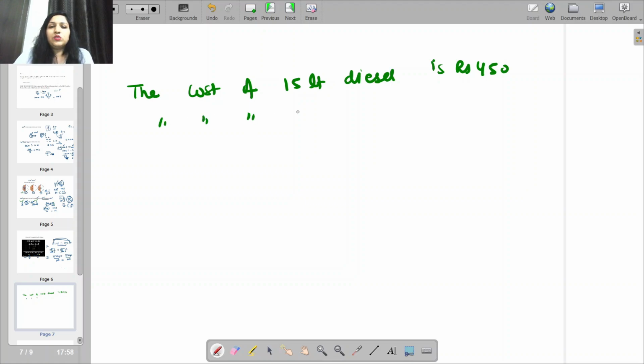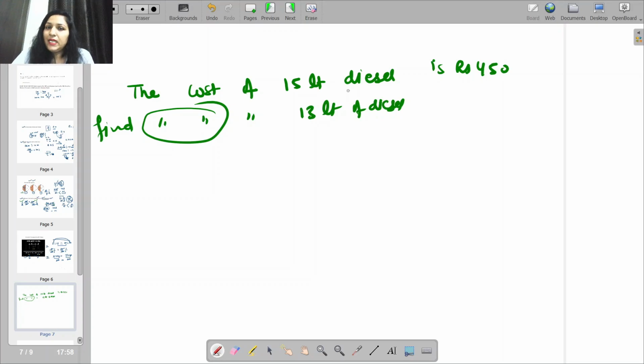Find the cost of 13 liters of diesel. I have asked you the cost. Find the cost of 13 liters of diesel, that is my question. So I expect you to please solve this question and don't forget to write the answer in the comment.